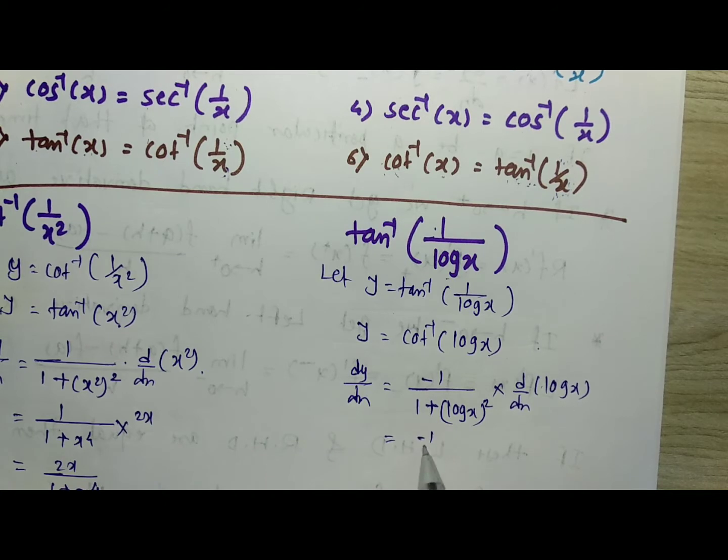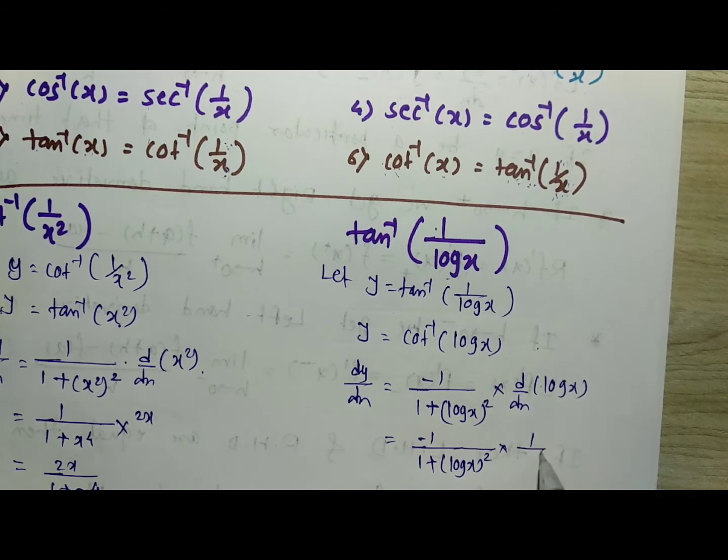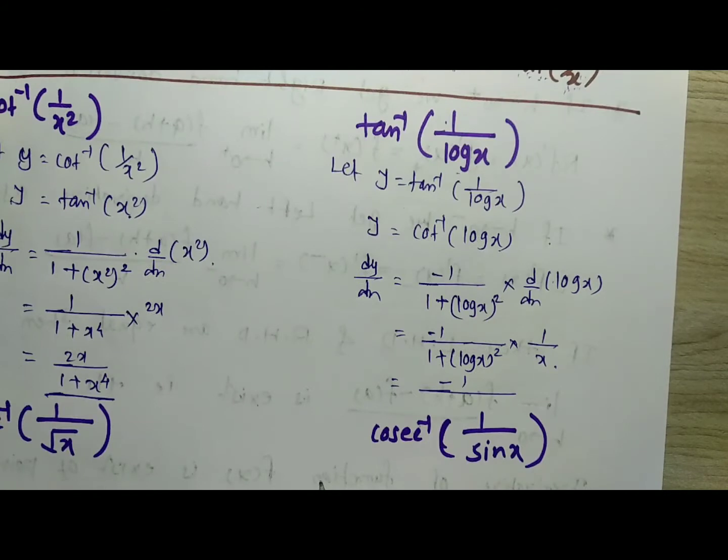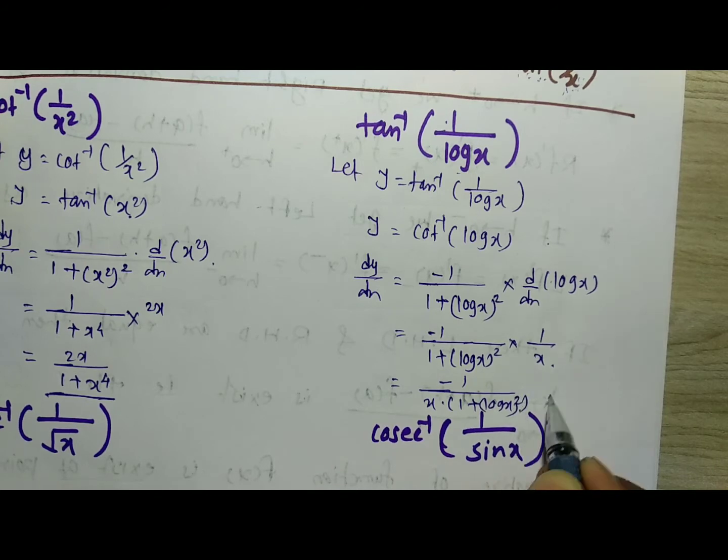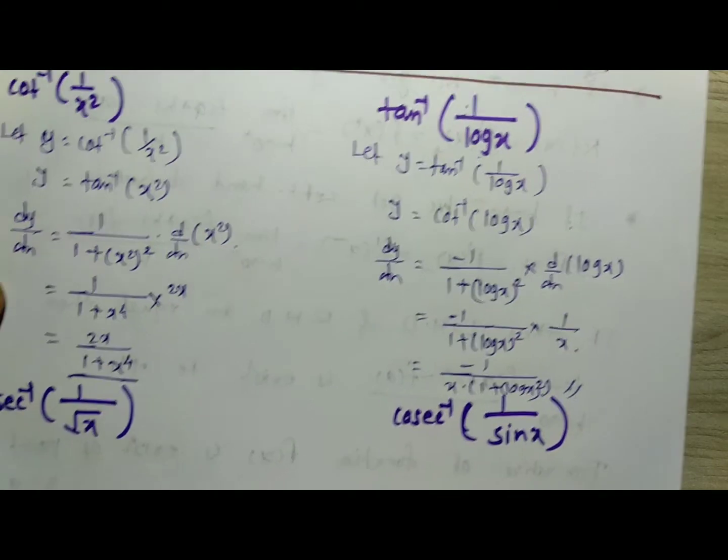Therefore minus 1 divided by 1 plus log x square into the derivative of log x, which is 1 by x, and therefore minus 1 divided by x into 1 plus log x square, and this is the derivative of that function.